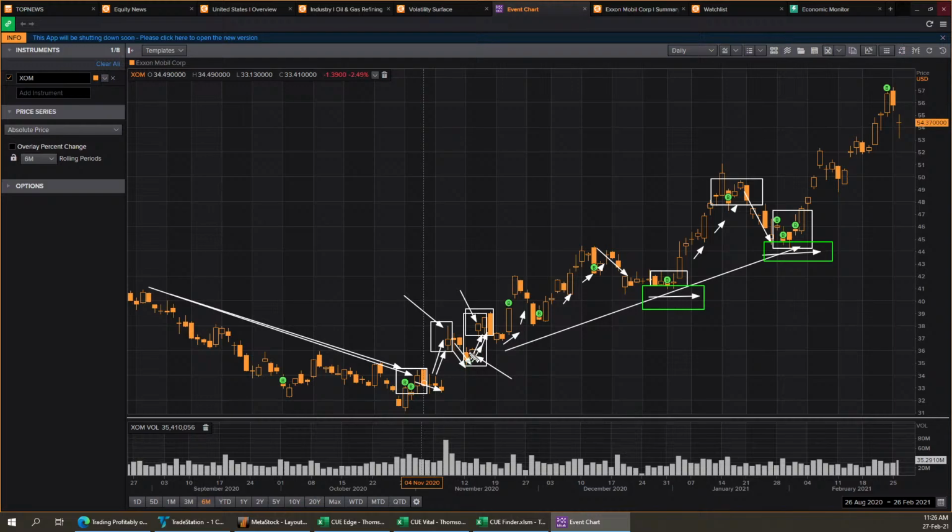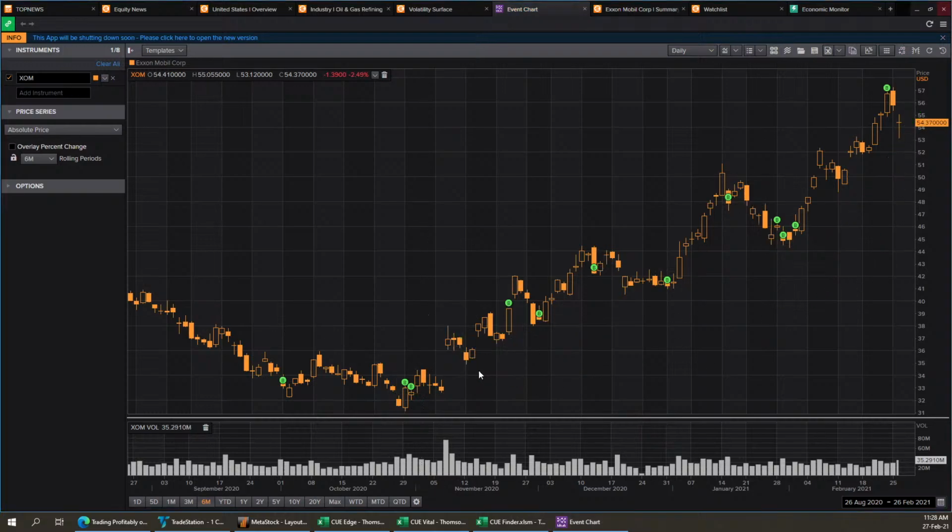So first entry would be here, first stop would be here, next swing low, move the stop, next swing low, move the stop, next swing low, move the stop. One would still be in the trade for longer term. So these briefs you will find extremely useful.